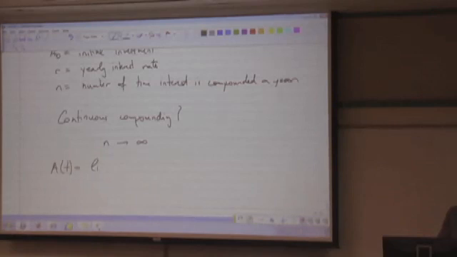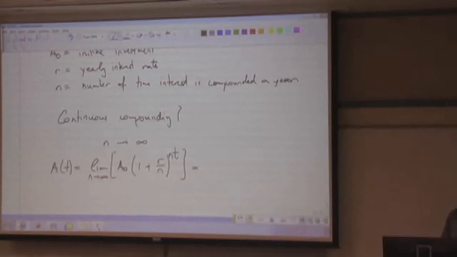So how do we figure out what A of t is? Well, it's the limit as n goes to infinity of the quantity A0 times (1 plus r over n) to the nt, right? So what is that limit? First of all, notice that A0 doesn't depend on n.